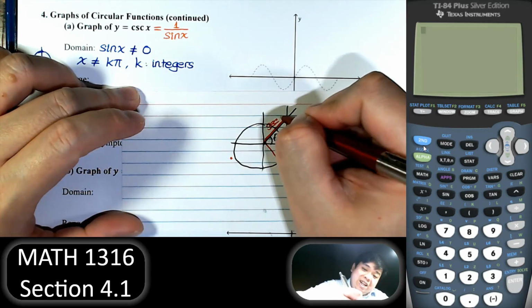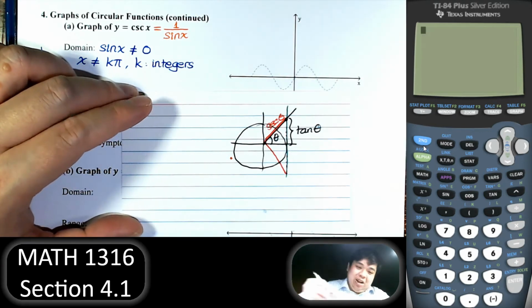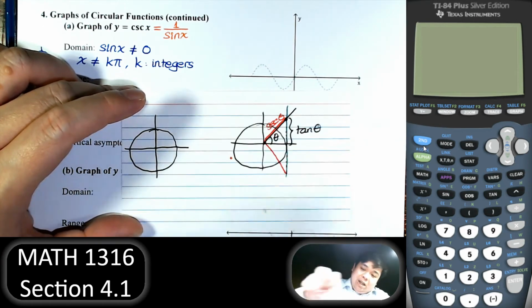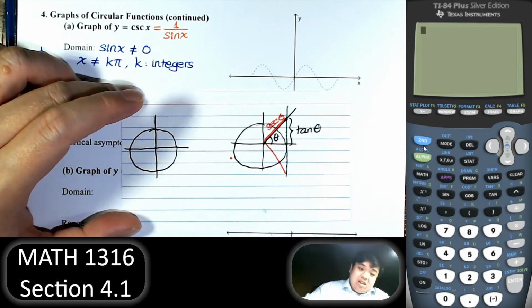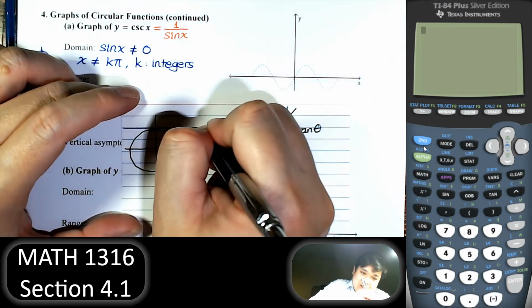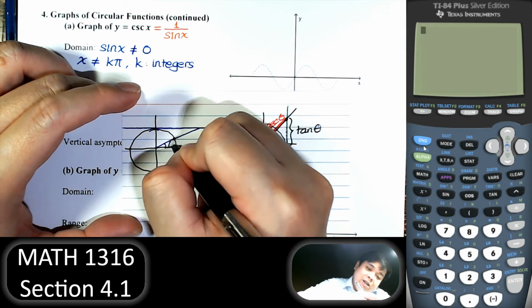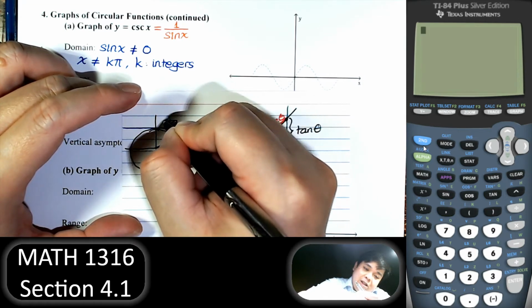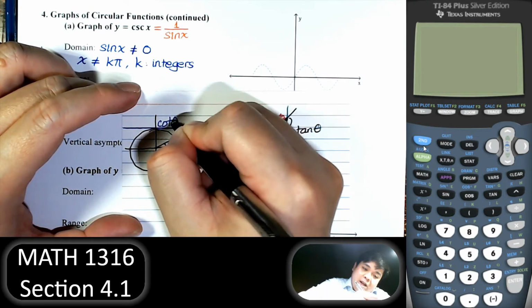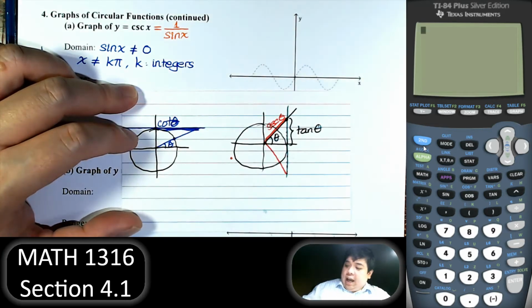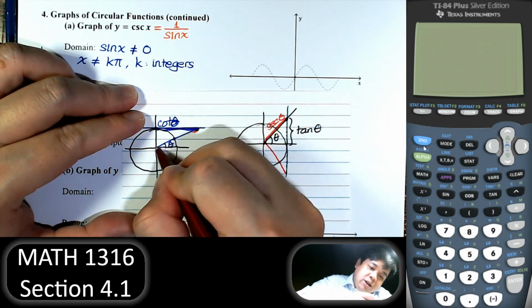We focus on cotangent. Similarly though, I'm going to draw the cotangent axis. Extend the terminal ray. This distance is cotangent of theta. And cosecant is this one.